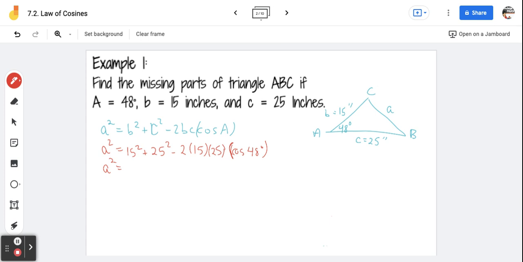Let me delete this out. It will be 15 squared plus 25 squared minus 2 times 15 times 25 times the cosine of 48 degrees.